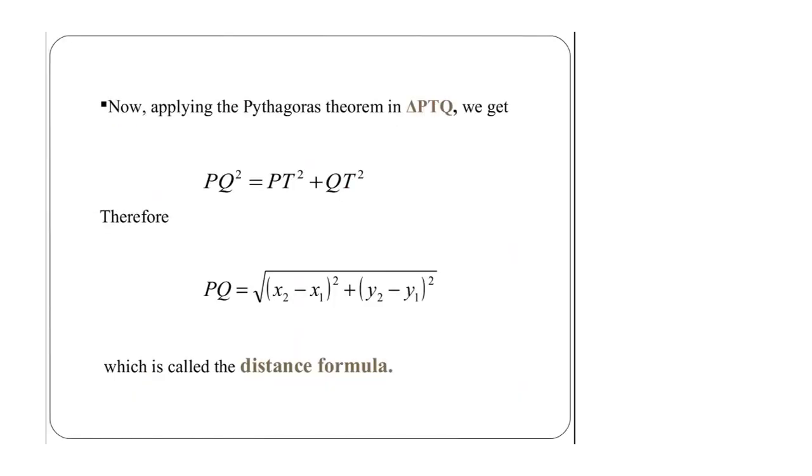So you can see by applying Pythagoras theorem in that triangle, we will get hypotenuse square equals to perpendicular square plus base square, and after applying this we can definitely reach to this point, that distance between any two points whose coordinates are x1, y1 and x2, y2 will be root over (x2 minus x1) whole square plus (y2 minus y1) whole square, and this is the important formula, we say distance formula.